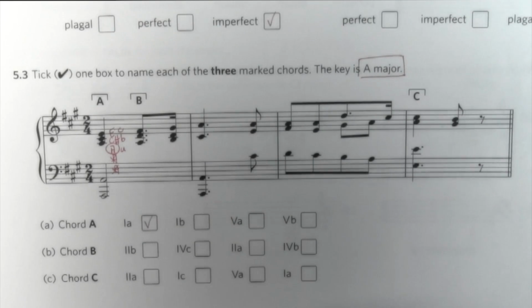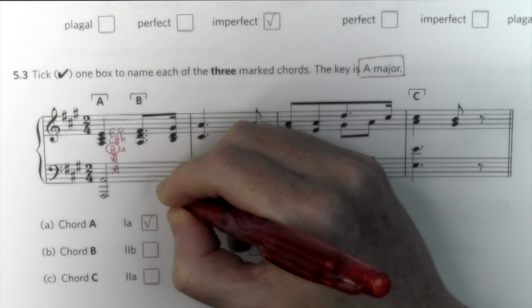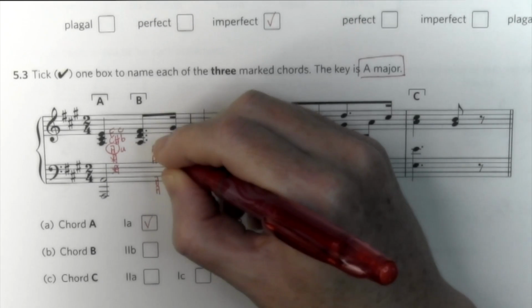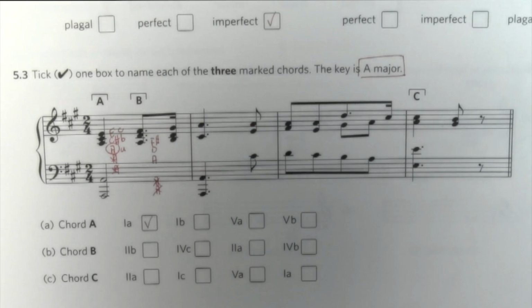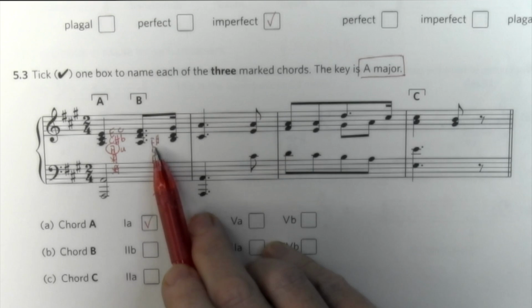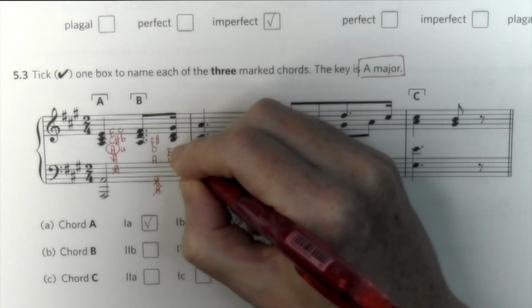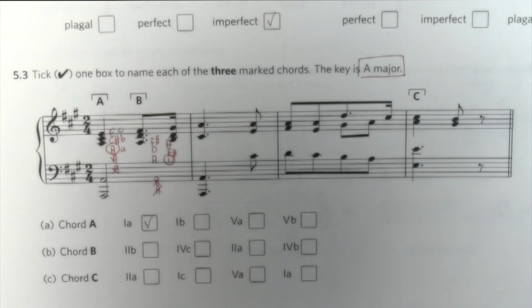Chord B. We have La, La, La, another La, Re, and Fa sharp. La has been tripled again. So Re, Mi, Fa, Sol, La, that's the order. Re is the bottom note.